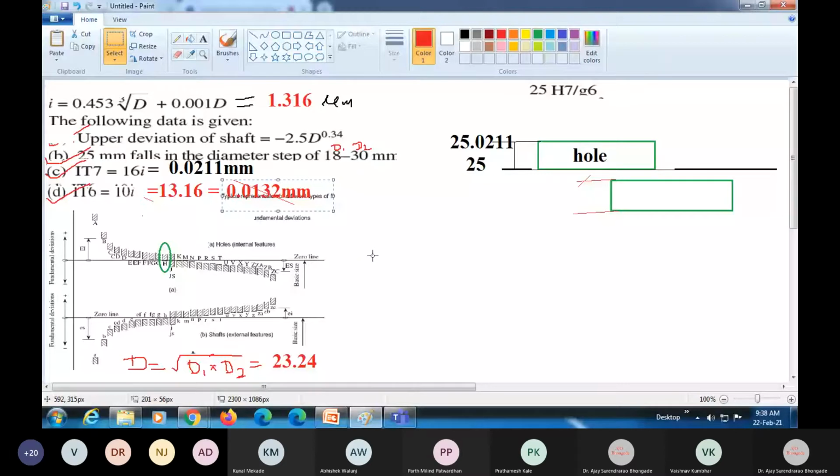So this particular value, whatever the value 0.0221 that we had worked out, is this one, right? Now what was given here again?